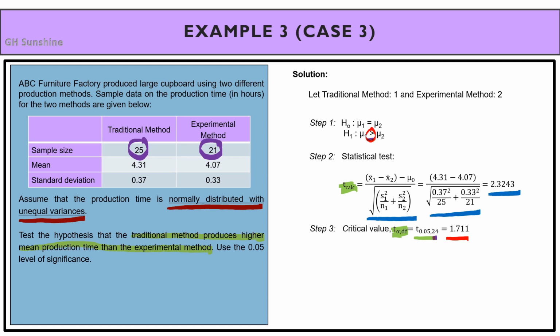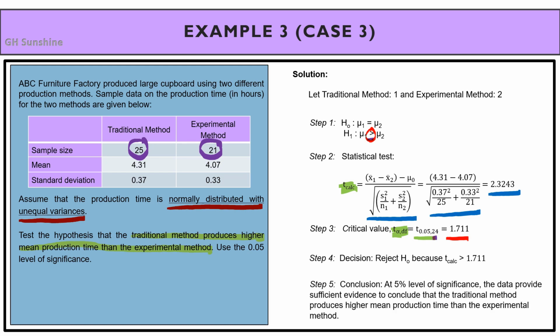This symbol. Step number 4, decision. Reject H0. Why? Because T calculation is greater than the critical value.